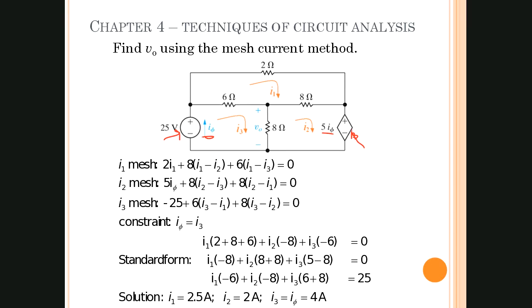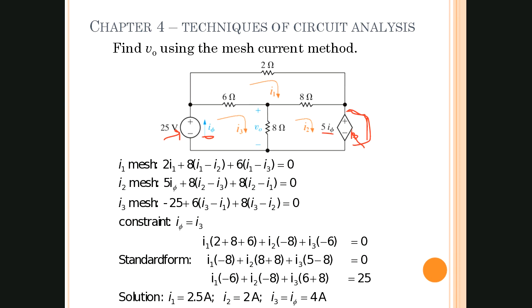And again, what this is saying is the voltage drop across this source right here is going to be 5 times whatever the current is going through the independent voltage source.